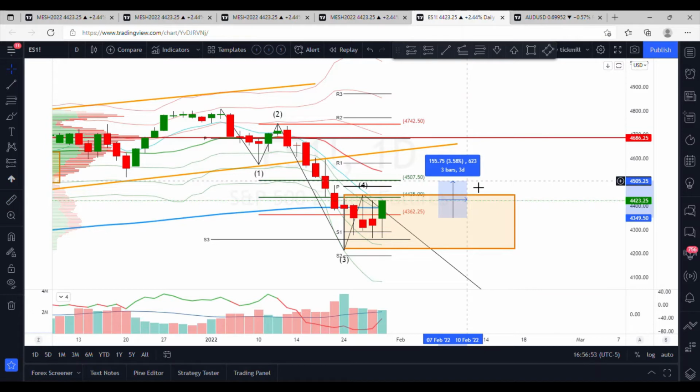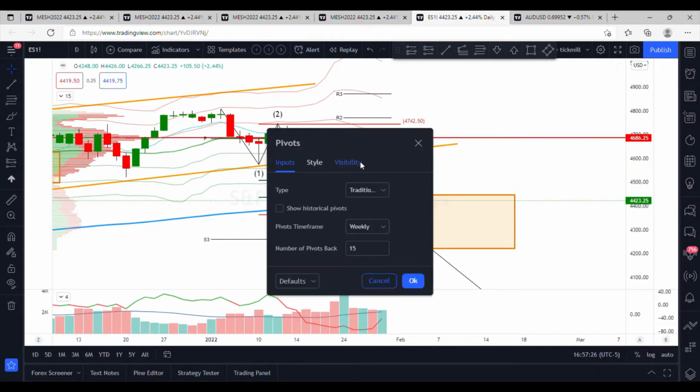I trade my account with trend would be 2% of my total fund, and against the trend would be 1% of my total fund. To determine if we're in an uptrend or downtrend is by the daily chart and by the VWAP.